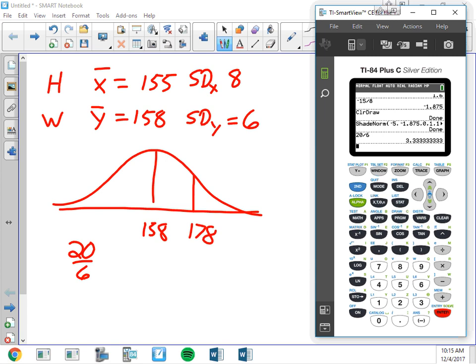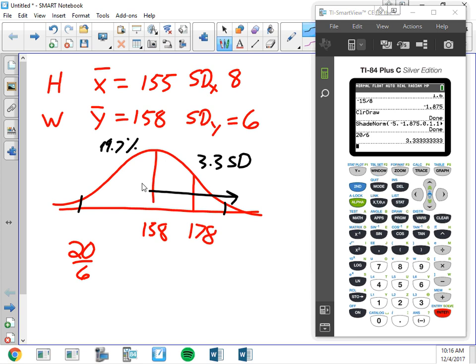What we're saying is we have gone to the right 3.3 SDs. And the rule for 3 SDs is 99.7%. So we can stop and say 99.